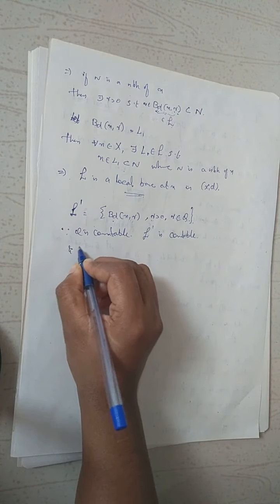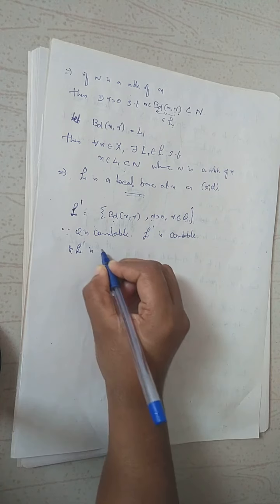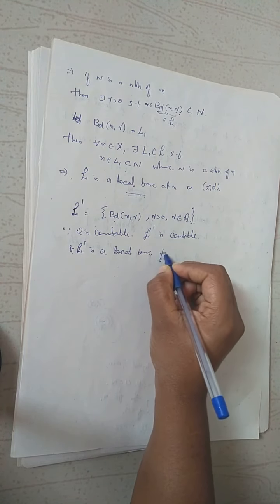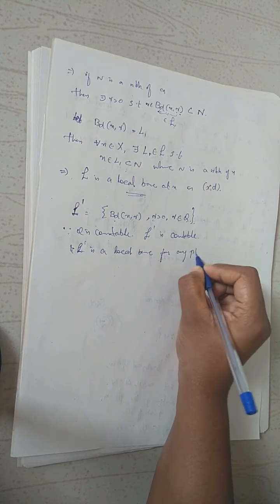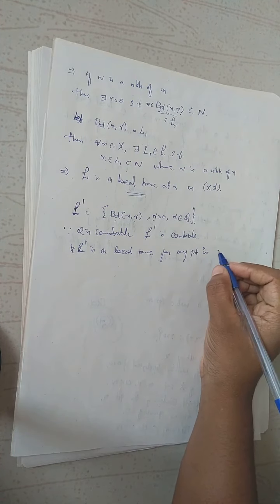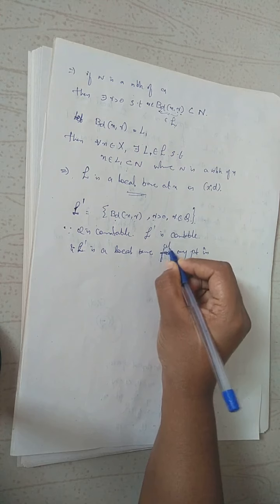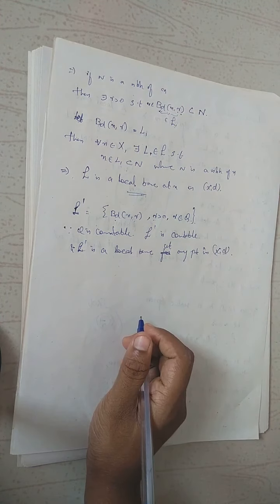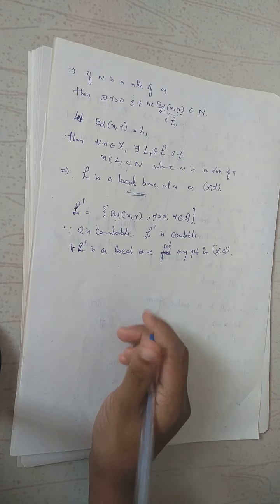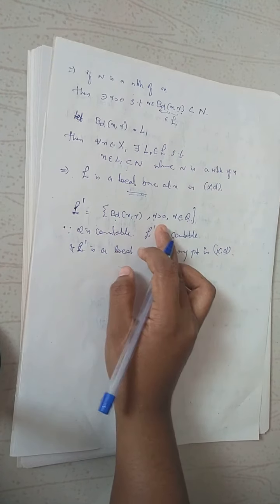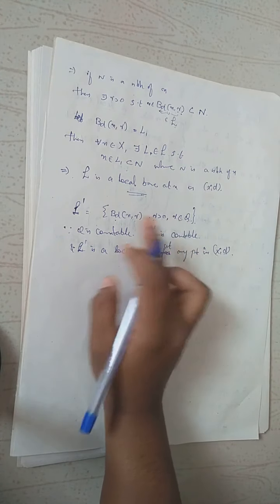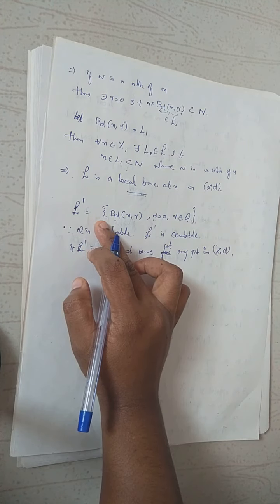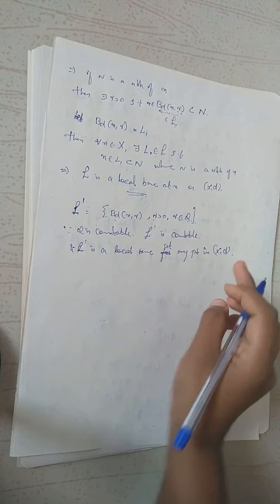And L dash is a local base at any point in the metric space (X, d). So every metric space has a countable local base of the form B_d(x, r), r greater than 0, r belongs to Q. This collection L dash will form a countable local base at any point in a metric space.